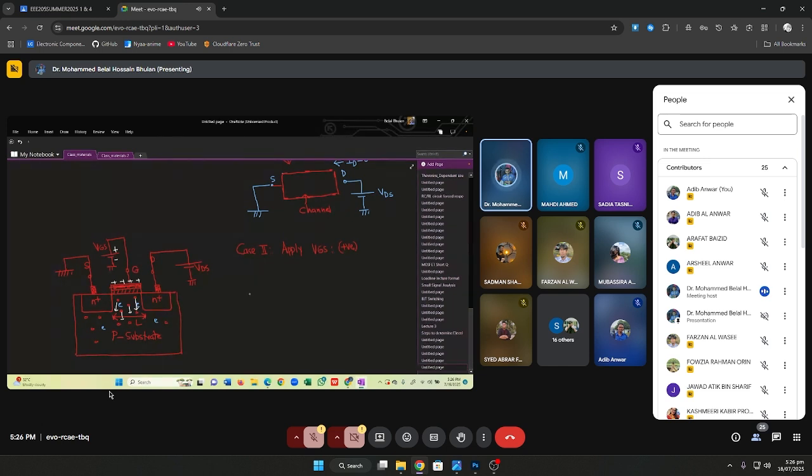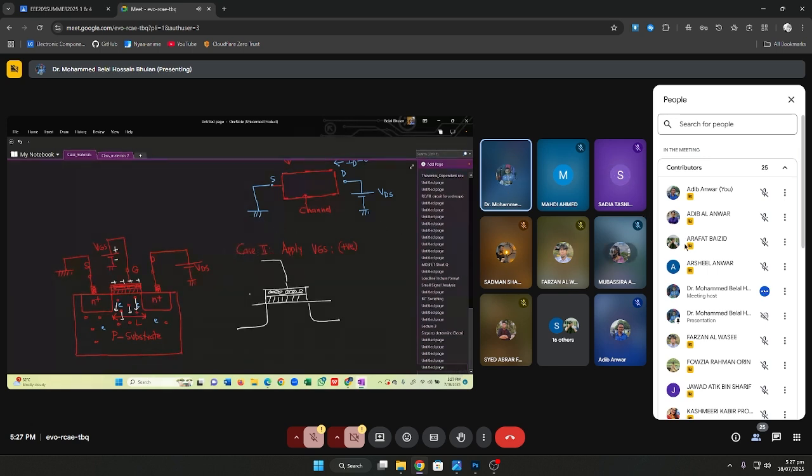As the holes are pushed downward, let's say we enlarge this thing. This is our metal, the gate, and the oxide.